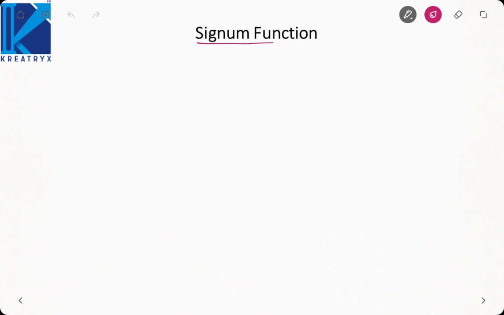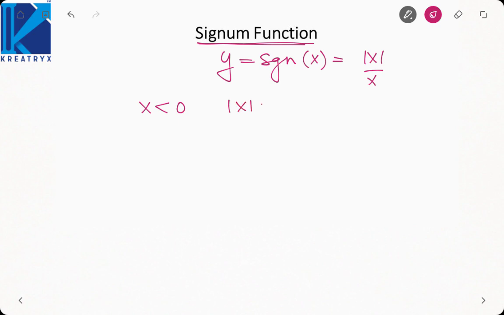Then we move on to the signum function. Signum function is represented like this. Signum x is actually mod x upon x. Now as I told you, if x is less than 0, mod x is equal to minus x. Then that means signum x will be equal to minus 1. If x is greater than 0, mod x is actually equal to x.